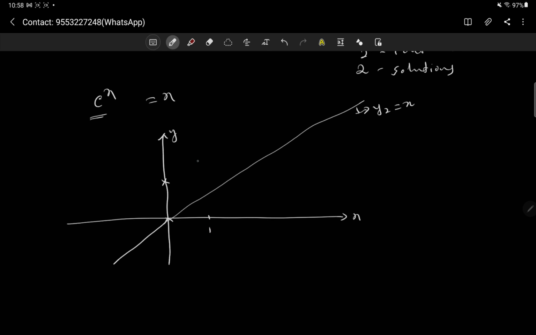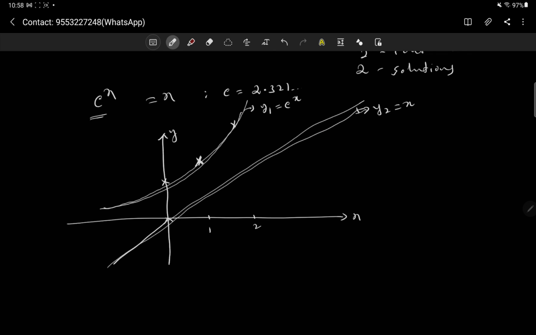On substituting 1 the result will be 2 point something, about 2.7. On substituting 2 you will get 7 or something like that. On joining all those points you can have a graph like this. This is the graph of y1 is equal to e power x. The e power x graph is not meeting the graph of x, so there are no points of contact.